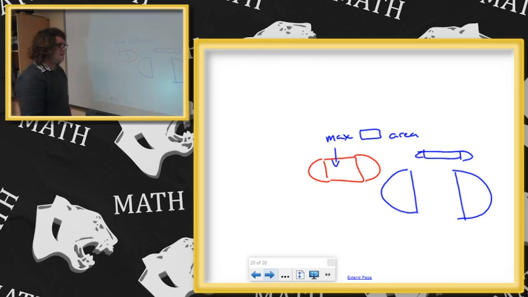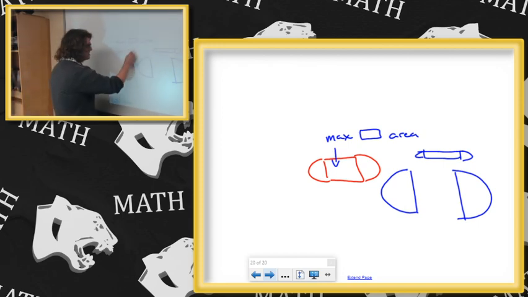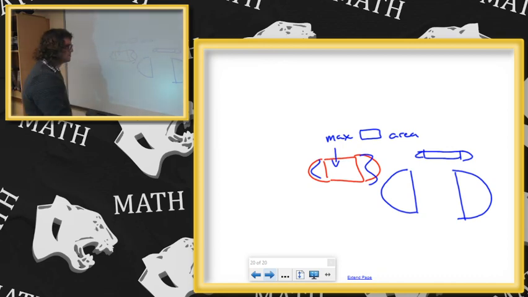So you can see how this is going to get limited. You want to make it tall so that you can get some area, but you can't make it too tall or else you take all the width away from the rectangle, because it has to go into those semicircles. We can't just get rid of these. That's not part of the question.